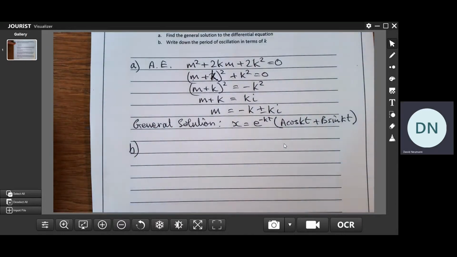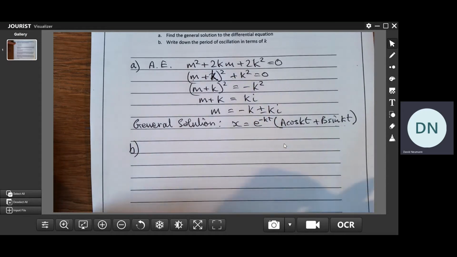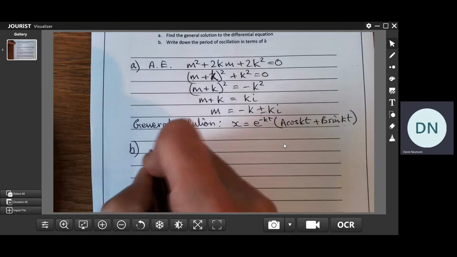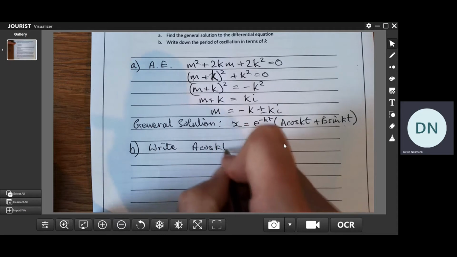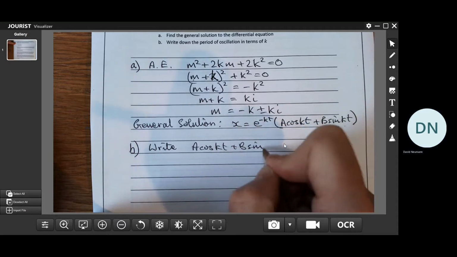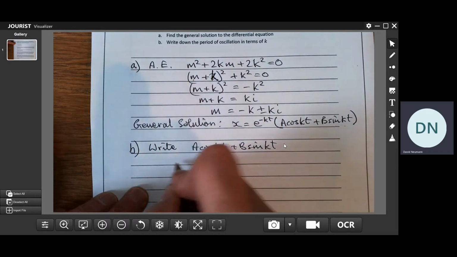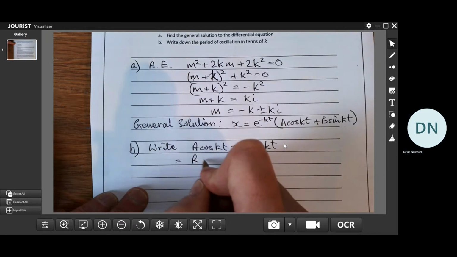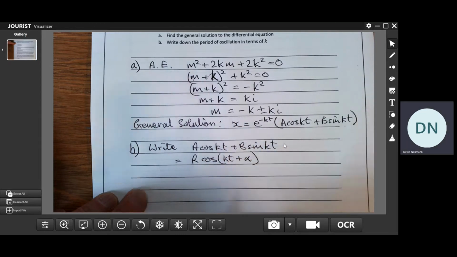For part B, we need to work out the period of oscillation in terms of k. Now, the oscillation is not going to come from this exponential part, it's just going to come from the trig part, and we can write our a cos of kt plus b sine of kt in R alpha form. So that will be R cos of kt plus alpha.